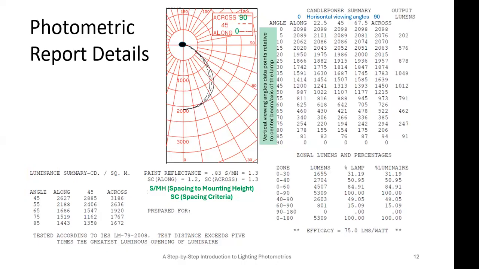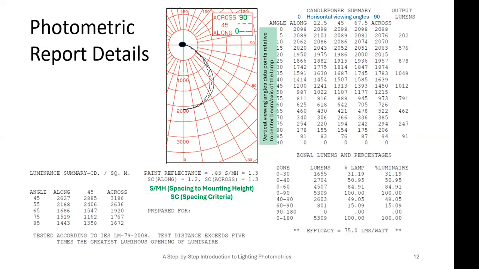Right below the luminaire is a 0 angle. We call that nadir, N-A-D-I-R. As we increase the angle, there are numbers associated to the right, and you'll see that they go down.